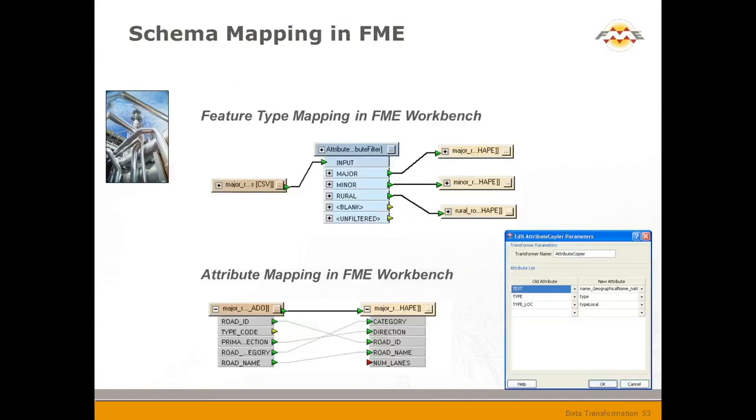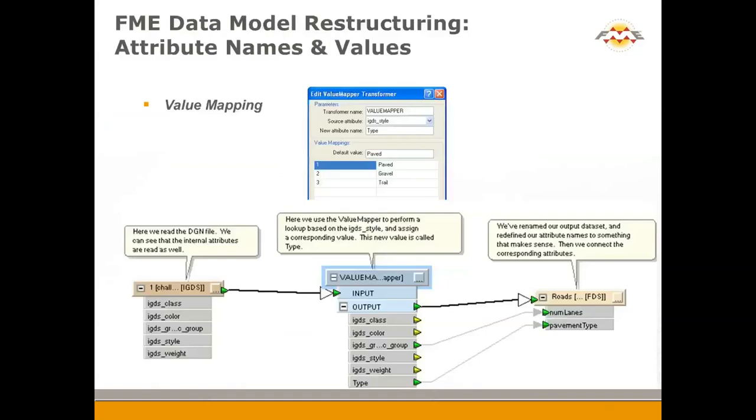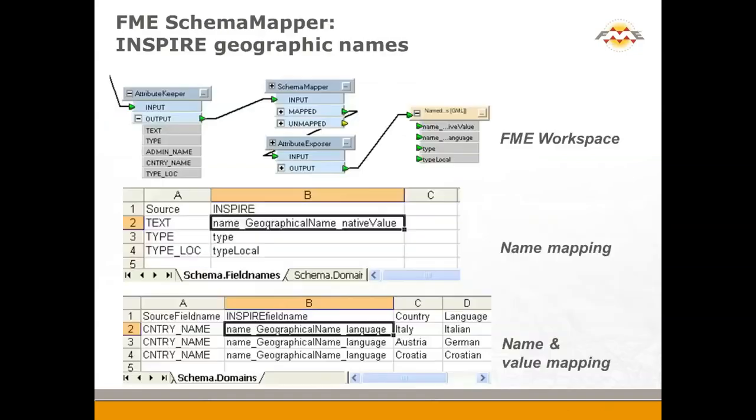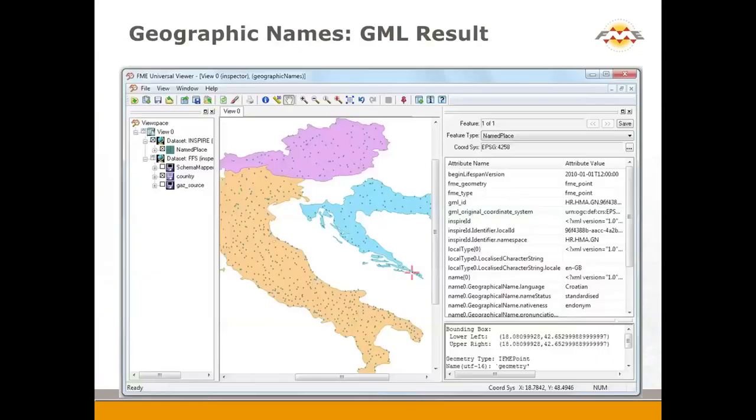Schema mapping, like I said, feature type and attribute mapping, and I'll mention Schema Mapper is quite powerful. So if you want to have rules like if country equals Italy, set the language to Italian, you can use Schema Mapper for that.